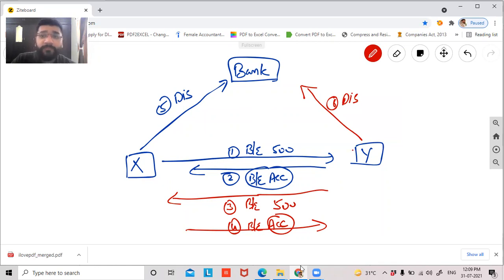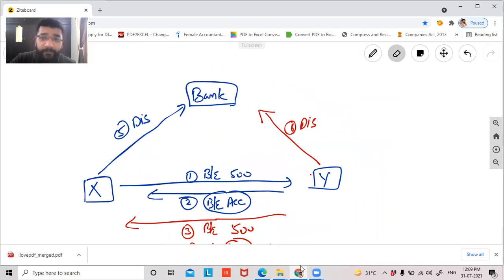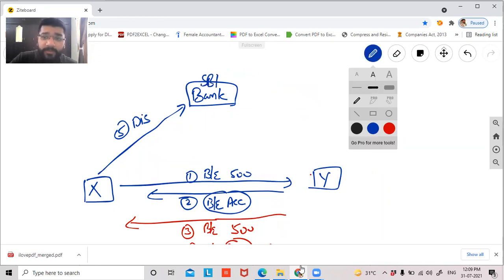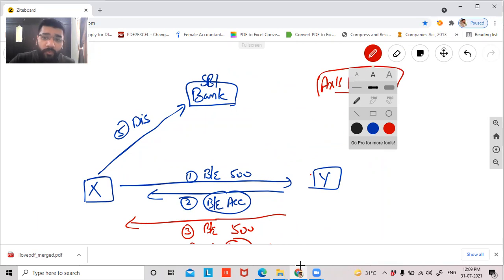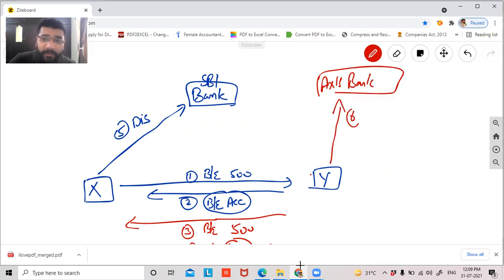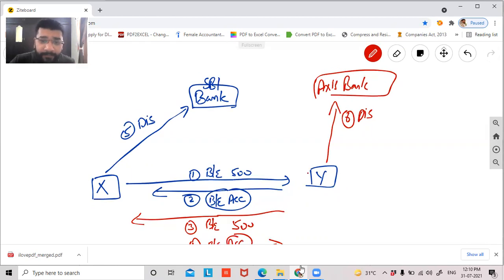For convenience sake, let me take two separate banks. Let's suppose this is SBI and this is Axis. So Y is discounting with his bank. Now, this is the process, guys. Till this, I hope all of you are clear with the diagram.